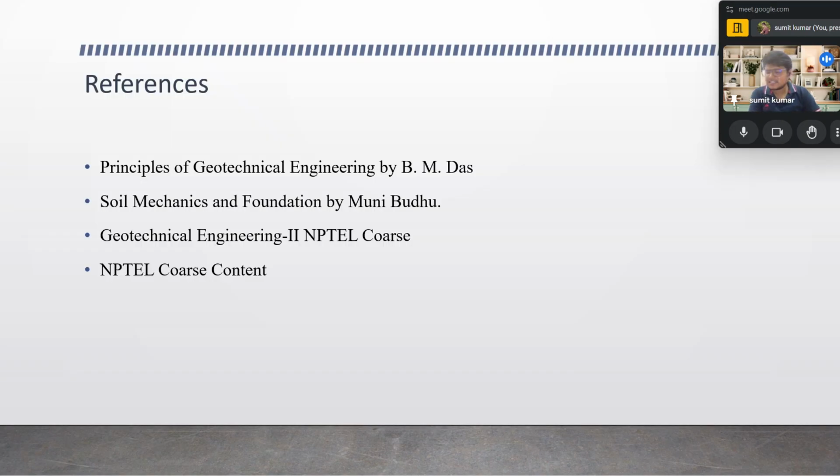Now, with this, we will sum up today's session. Here are some of the references which I used during the construction of the material for this class. You can refer to the same, and I suggest you go through the slope stability class as well, and try to solve some problems related to it.